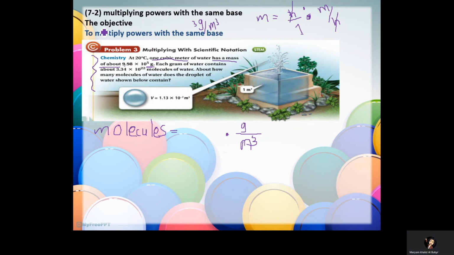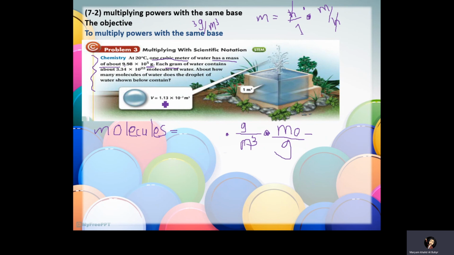Now, next, each gram of water contains about 3.34 times 10 to the power 22 molecules of water. So that is molecules of water in each gram. That means I can write this unit by writing molecules of water, I'll write just MO, over gram.